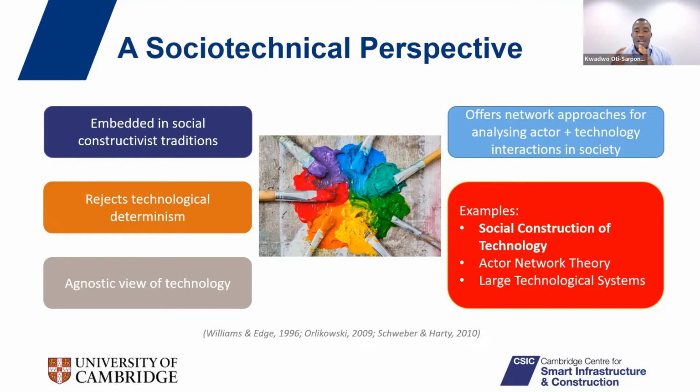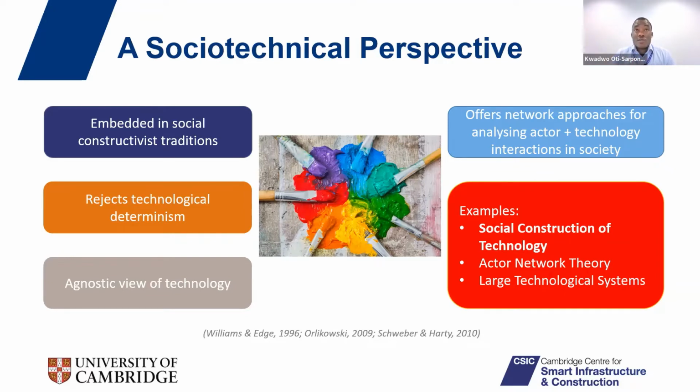And on the other side, we have the obvious technical components that define the physical elements of a technology. But the sociotechnical perspective does not distinguish between the two. Rather, it brings the two together in order to offer a comprehensive understanding of how the social and the technical elements in any innovation attempt or technological initiative come together to lead to a desired outcome.